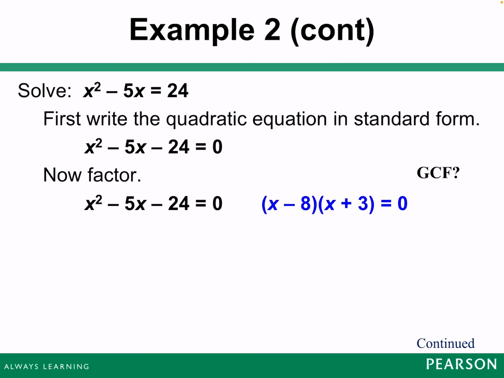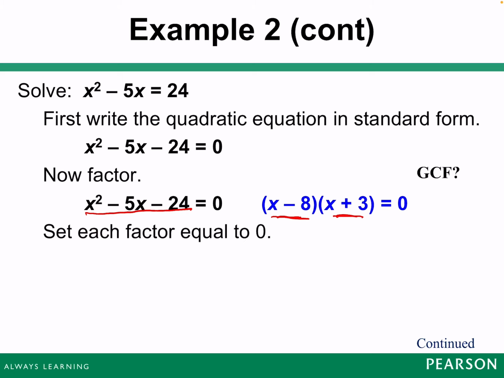Remember, that whole thing was set equal to 0. So I'm going to take those two factors back to my original equation and set it equal to 0. So this quantity of x minus 8 times the quantity of x plus 3 is just the factored form of that trinomial. They mean the same thing. Now, I'm going to set each factor equal to 0.